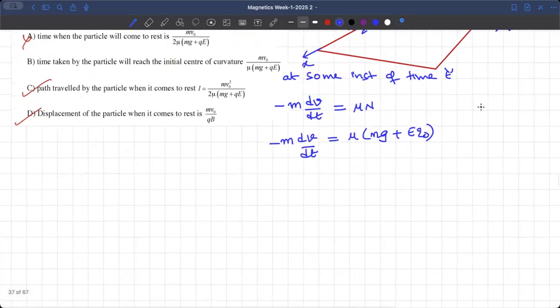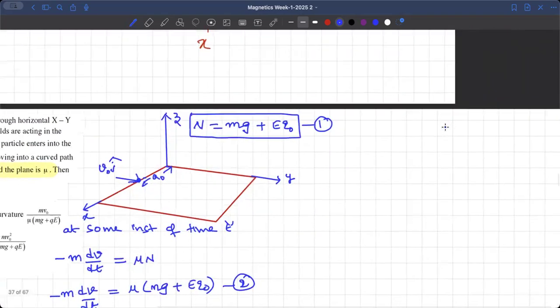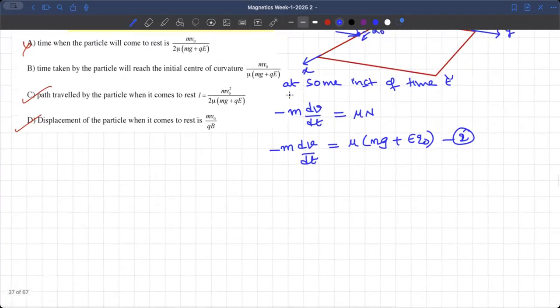So we'll take this as equation 2 actually. Equation 1 we have already used for the normal reaction. Now this can further be written as minus m dv is mu mg plus eq naught dt.